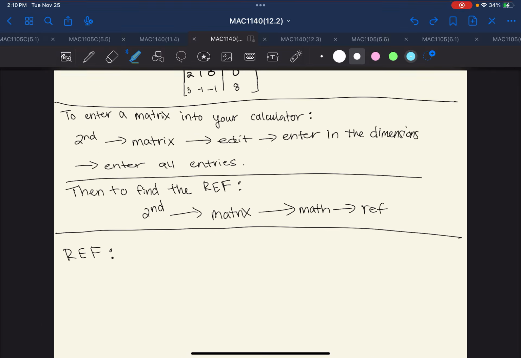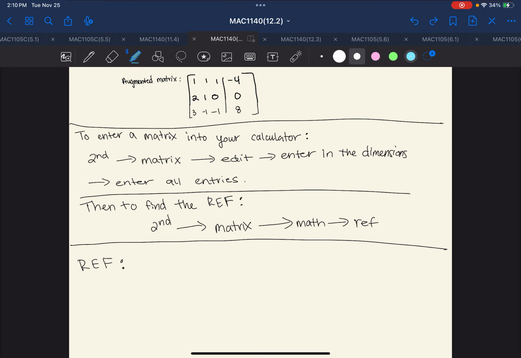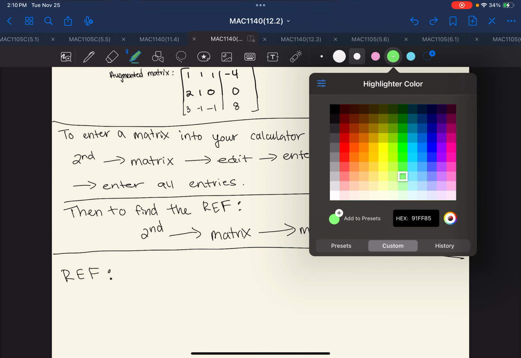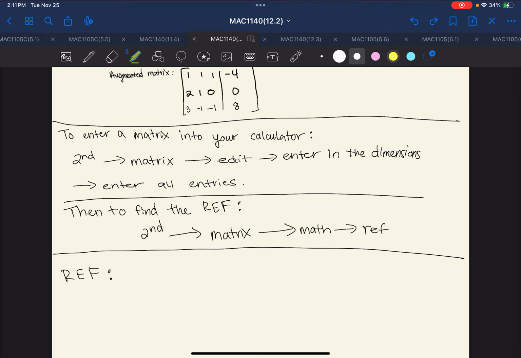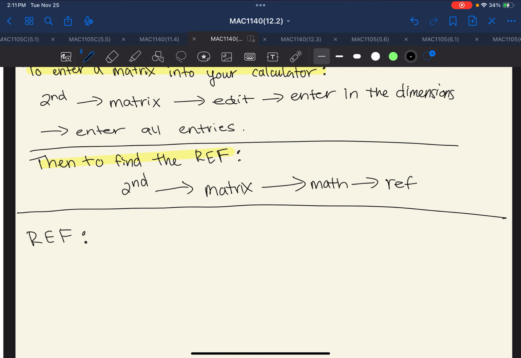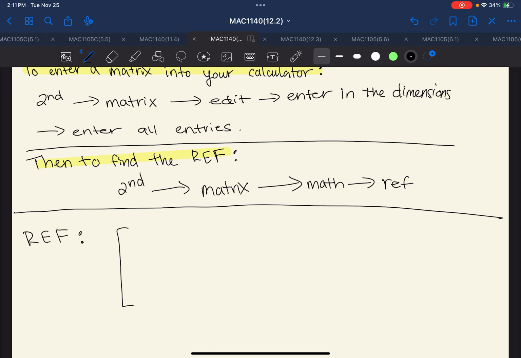On this page, I've written down the instructions on how we just got the row echelon form using the calculator. Now I'm going to write down that row echelon form that we got.